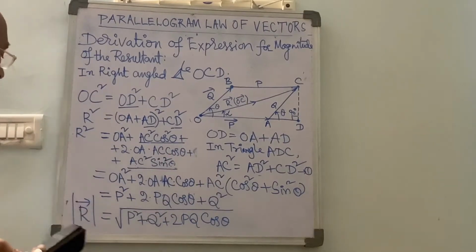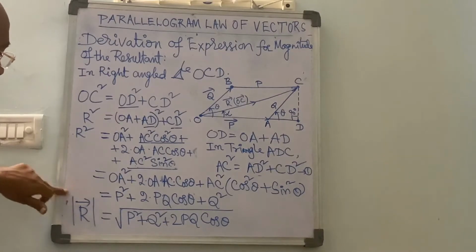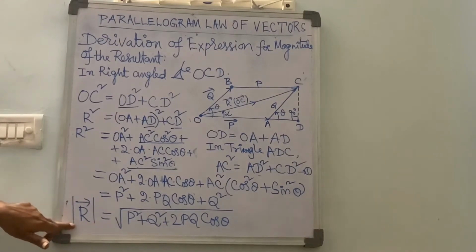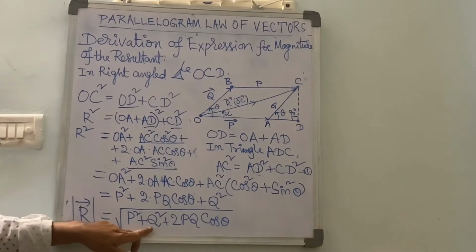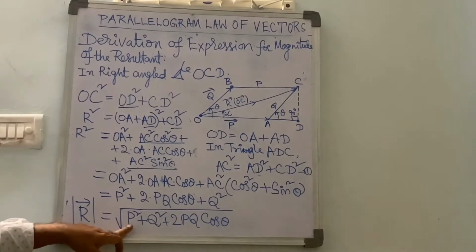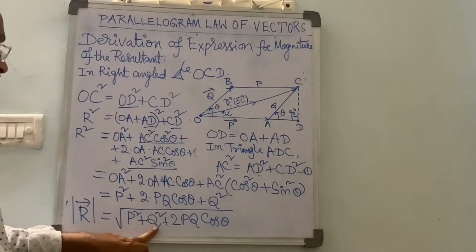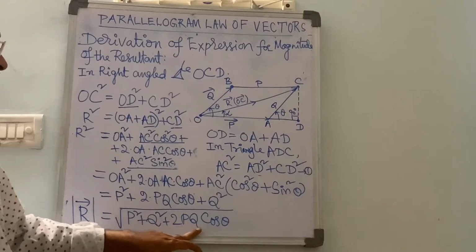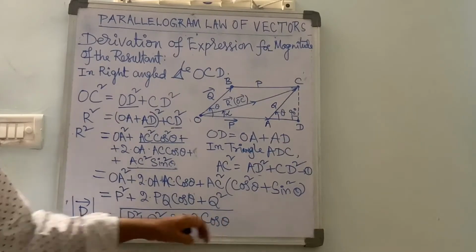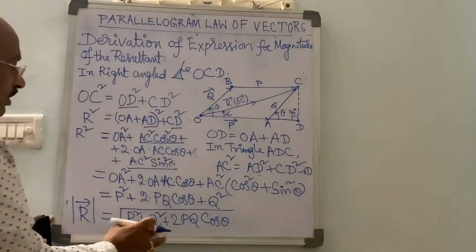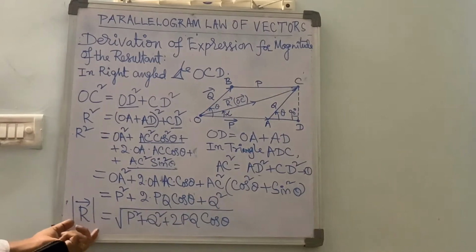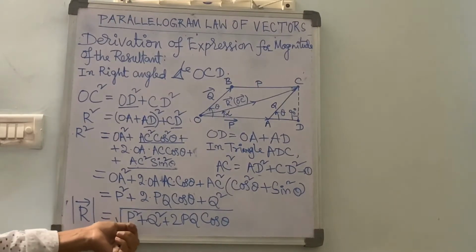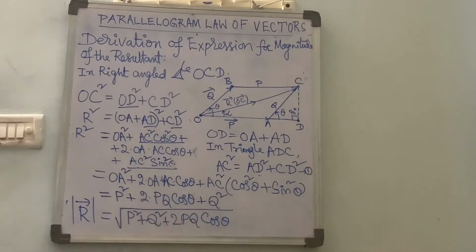So we want only magnitude, therefore magnitude of R bar is equal to under square root magnitude of the first vector square and magnitude of the second vector square plus 2 into magnitude of first vector, magnitude of second vector into cos theta. All these are scalar quantities. So this represents magnitude of the resultant vector. Modulus of R bar is equal to under square root p square plus q square plus 2pq cos theta.